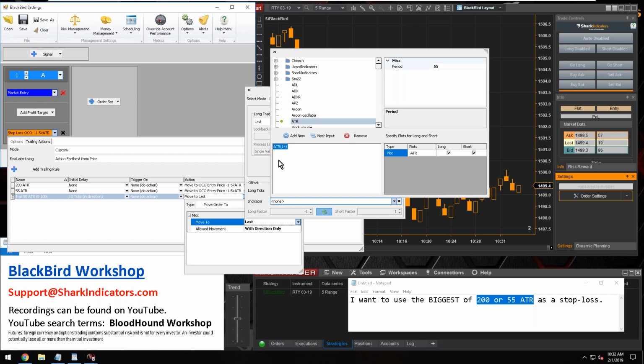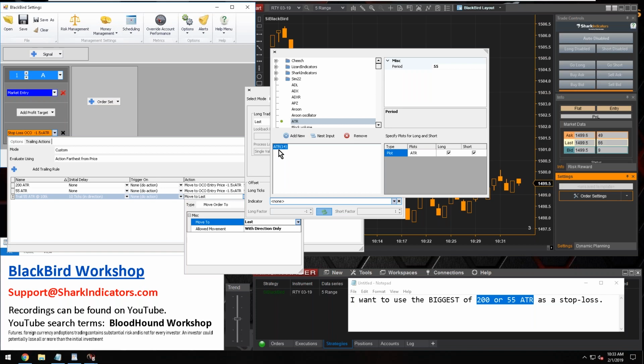If you're really wanting to stick with the larger ATR offset distance between a 200 and a 55 period, at that point you would need to build yourself a custom indicator that's going to do its own internal evaluation and figure out which period creates the largest distance, whether the 200 period or 55 period creates a larger range.